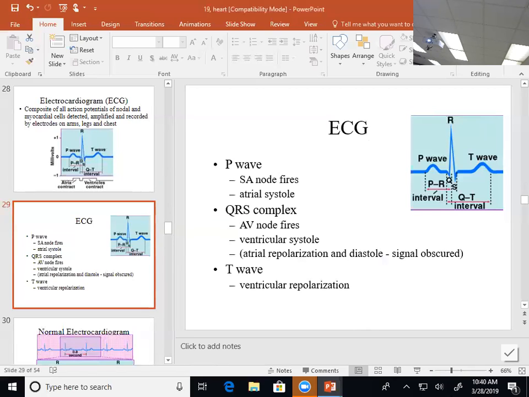You're going to see the AV node firing. The ventricles are now going to be getting their signal to contract. And what are the atria going to be doing? Relaxing. They're going to be relaxing, but the ventricles are going to start their contraction. And then during this T wave, the ventricles are going to stop their contraction. They're going to end up repolarizing and starting to relax.